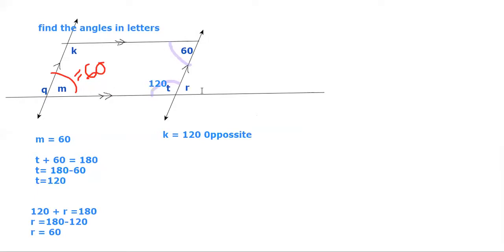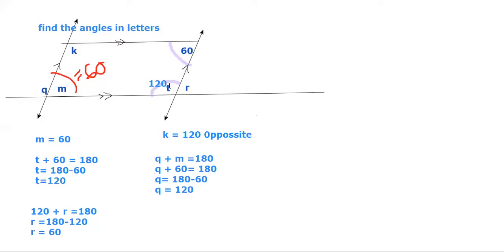So we are done. Q is easy. You remember that Q plus M, which is now 60, equals 180, implying that Q plus 60 equals 180, implying that Q equals 180 minus 60, implying that Q equals 120.